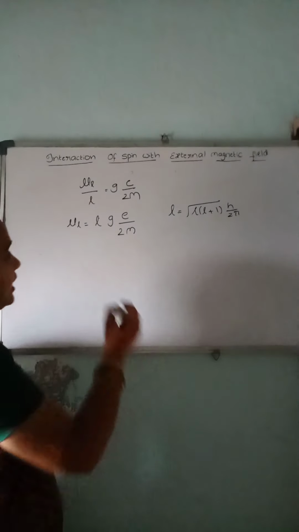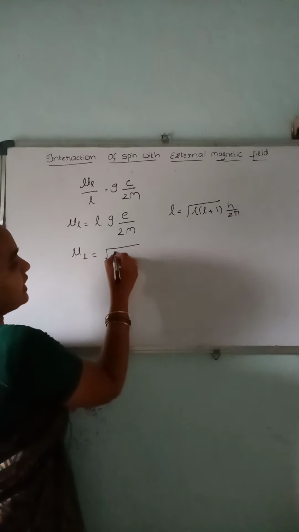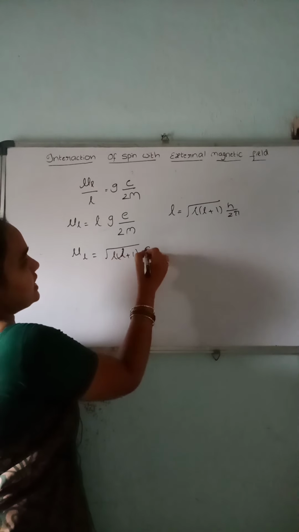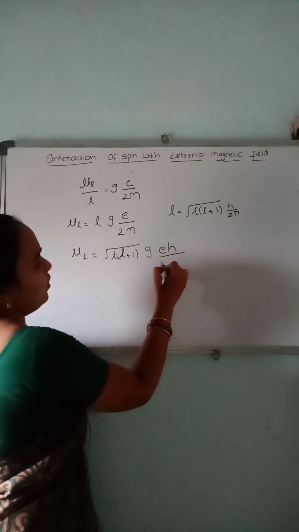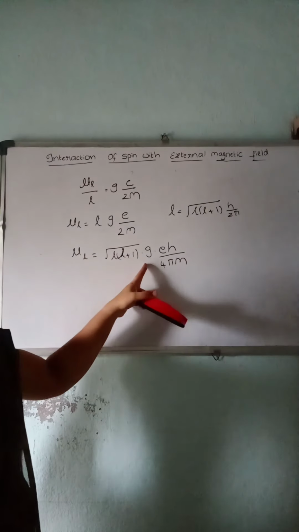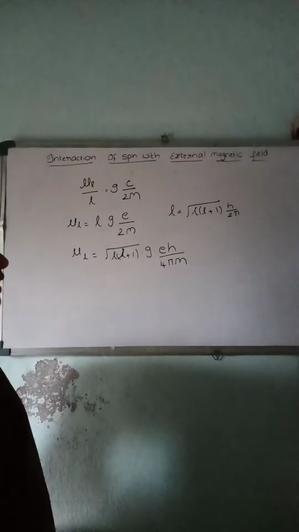So mu L is equal to root of l(l+1) times g e h by 4 pi m, where g is the Landé splitting factor.